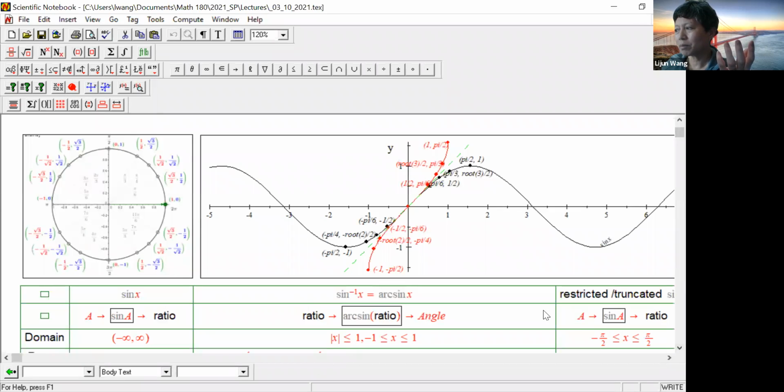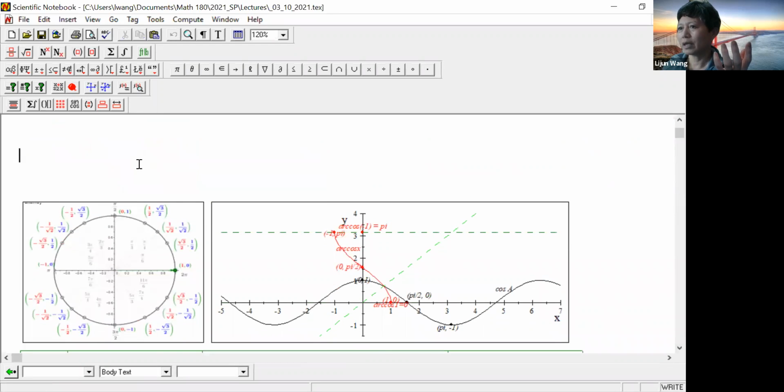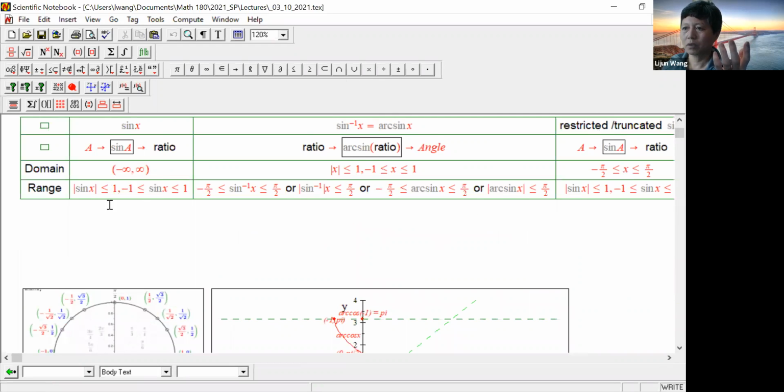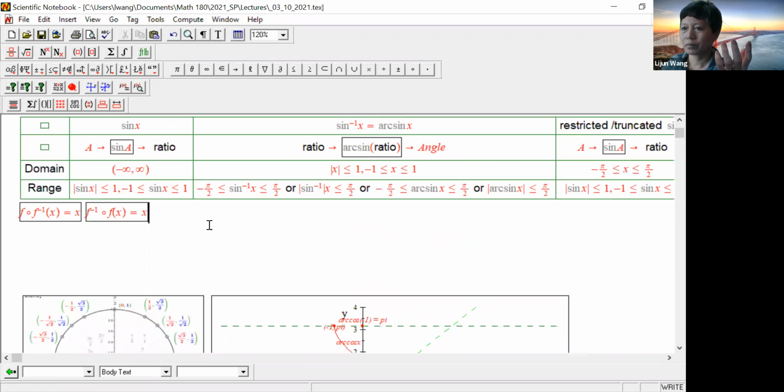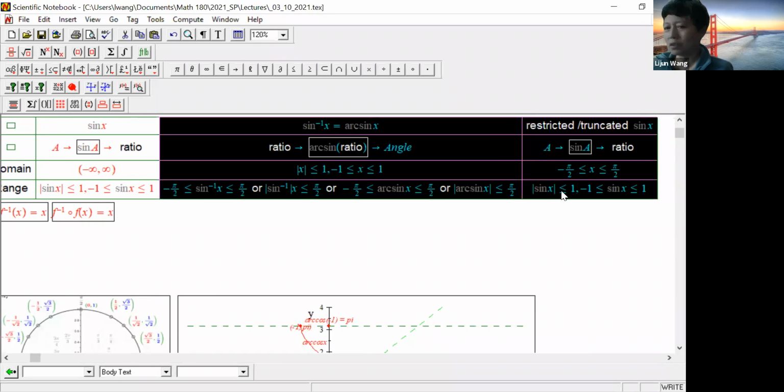So now I want to take this property to show you how it is applied to sine and arcsine. This property applies, in our case, to these two functions because they are inverse to each other.